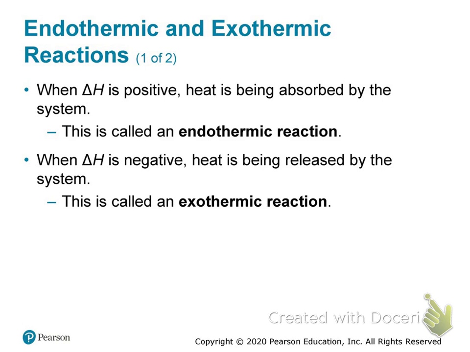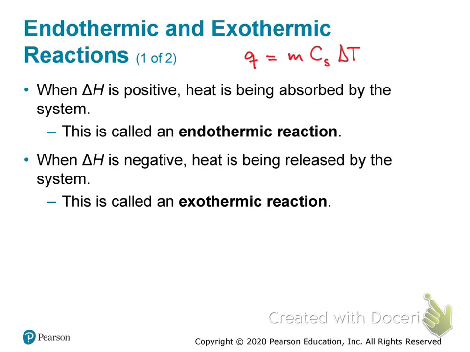Endothermic and exothermic reactions. So last class we saw that Q is expressed as a function of mass, specific heat capacity of the substance, and the temperature change that the substance is going through.